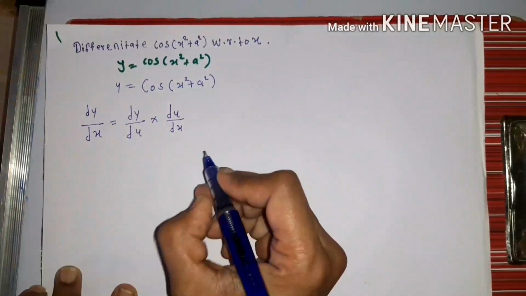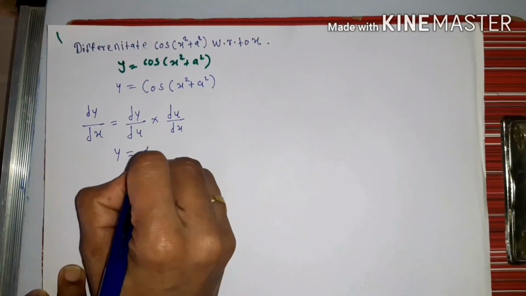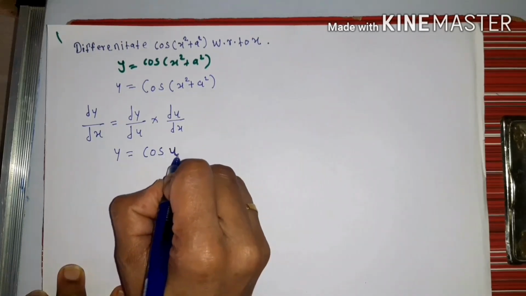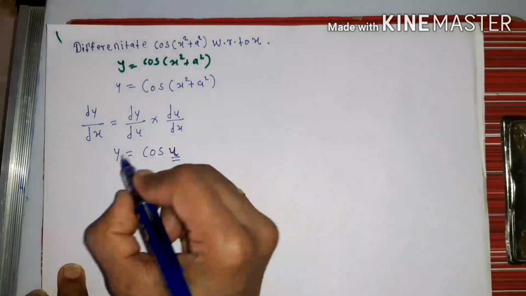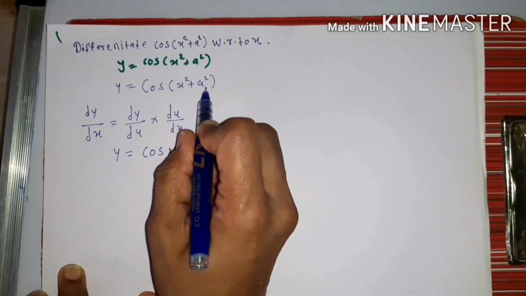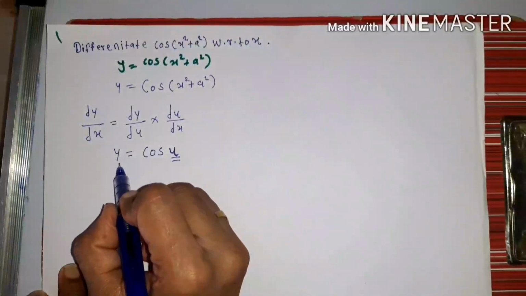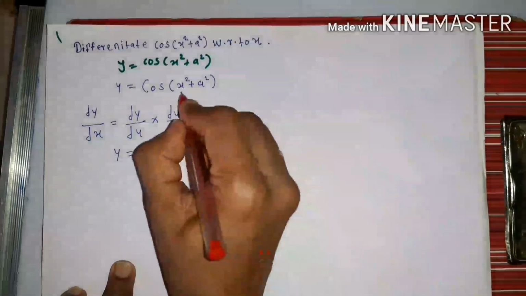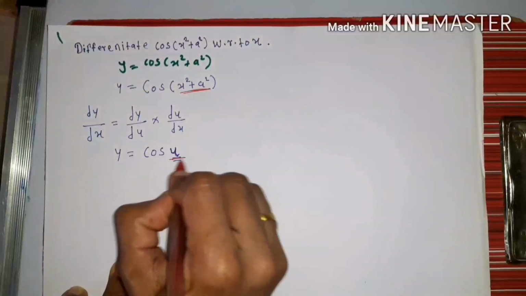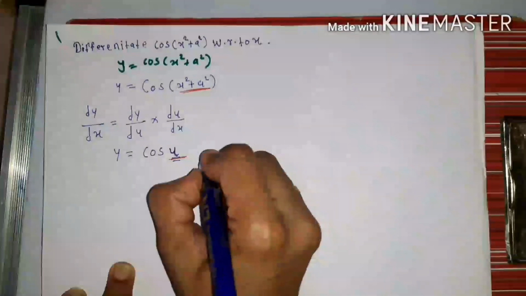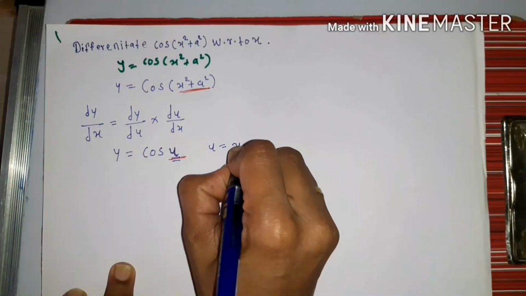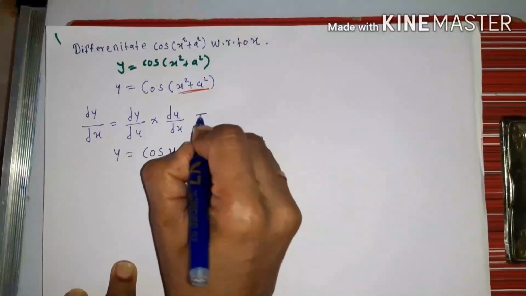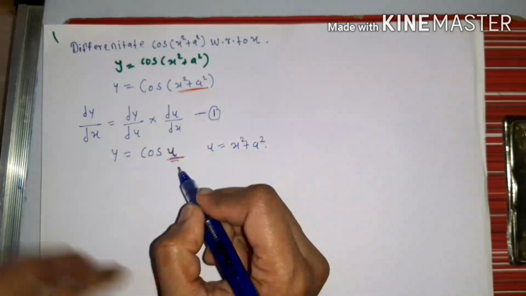So here, consider y equal to cos of u. y equal to cos of x square plus a square, and now we have considered y equal to cos of u, where u equal to x square plus a square. Now according to chain rule we have to solve.